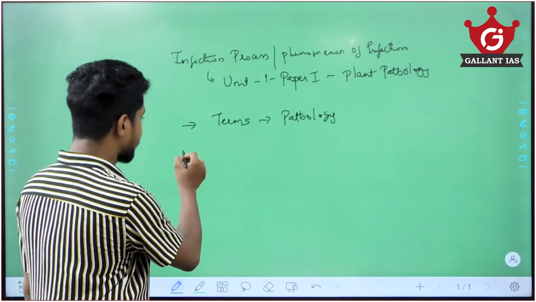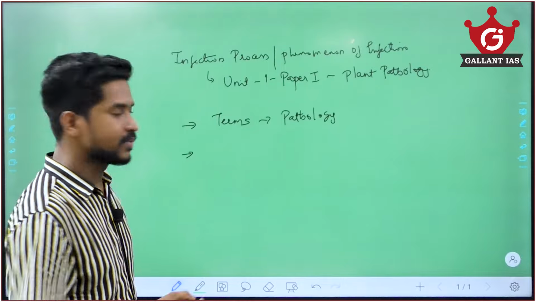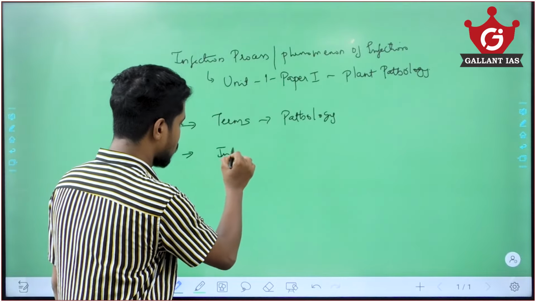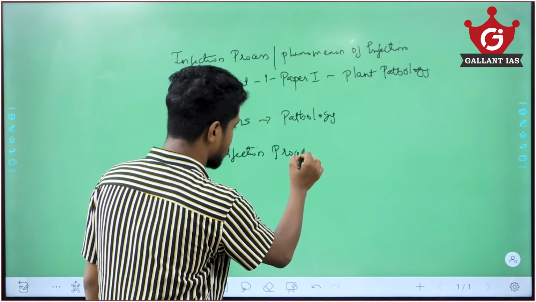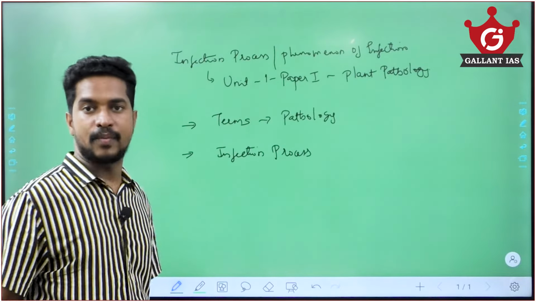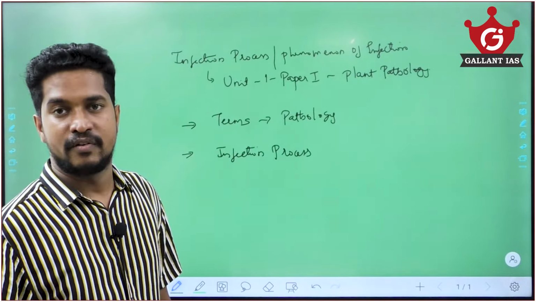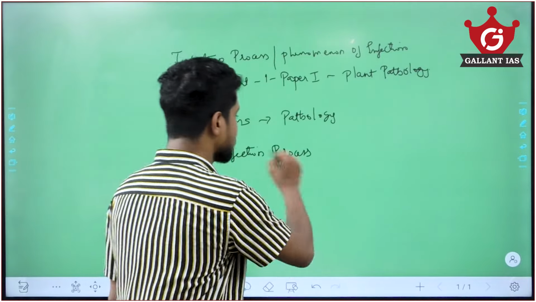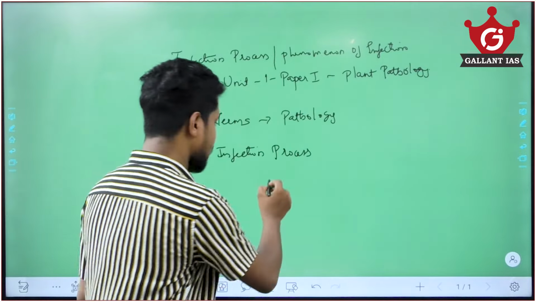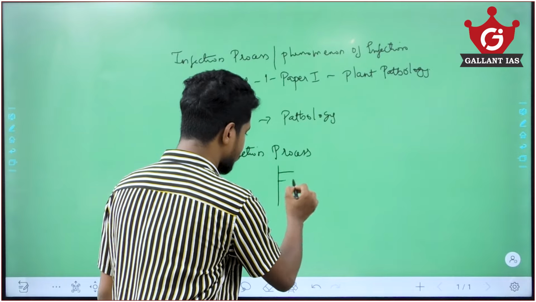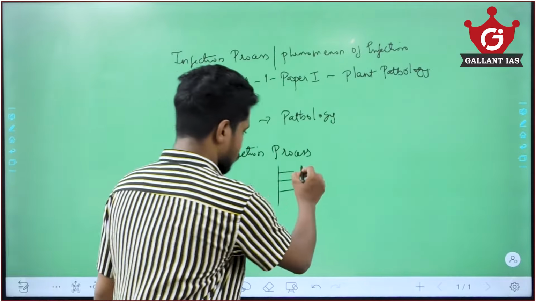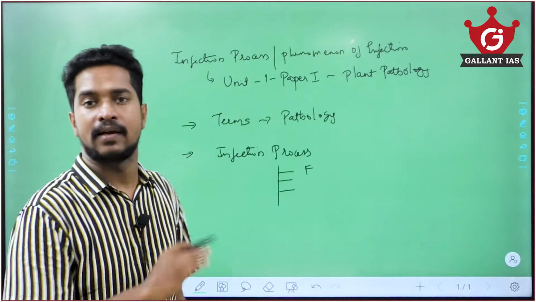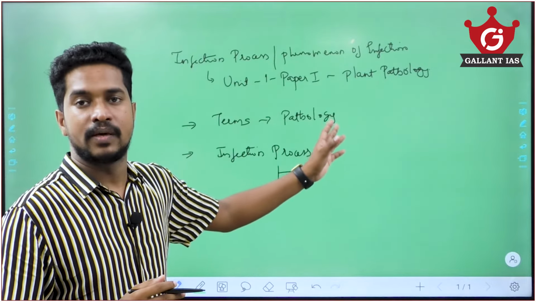After discussing the general terms, we move on to the infection process. We will discuss what the infection process is, and after that the factors which play a role in it.